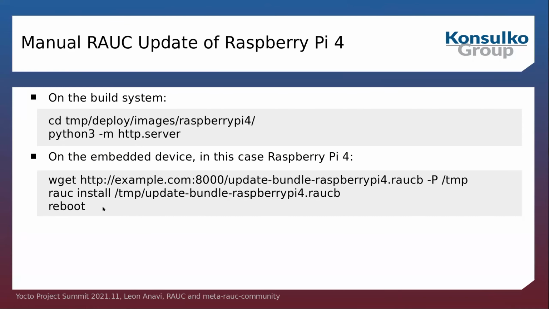And after that, over the air, I'm downloading the RAUC bundle and installing it using the rauc install command, which has to be executed, of course, on the embedded device, in this case the Raspberry Pi 4, and then reboot. No matter if it's a Raspberry Pi or another device, the procedure is the same.